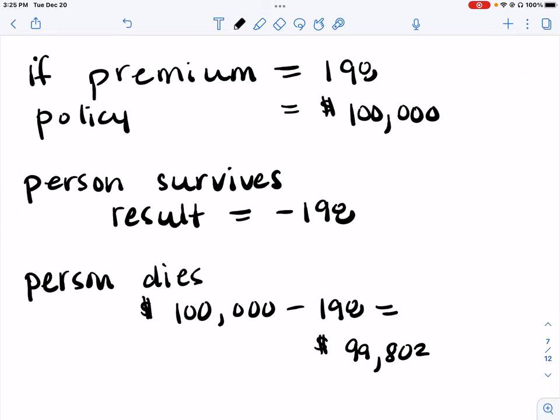Okay, so let's say the premium was $198 and the policy is $100,000. So if the person survives, the result for the person is they lost $198. They spent it. If the person dies, the beneficiary gets $100,000, but they spent $198. So the result is a gain of $99,802 in terms of money.